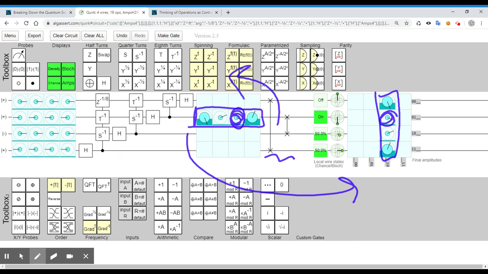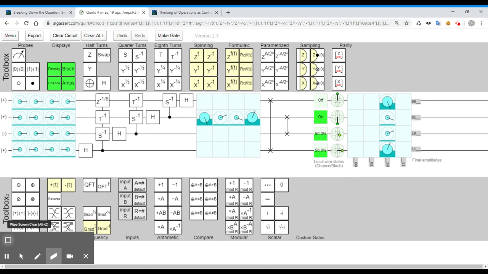No, what am I? No. This one goes up, this one goes down, and this one goes down. What is an intuitive definition of these, and why is this needed in this case?